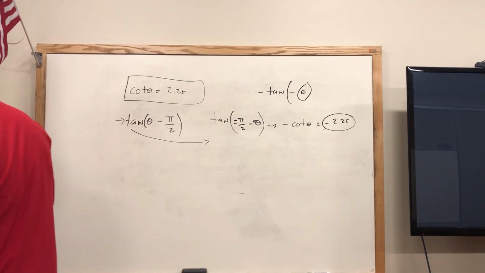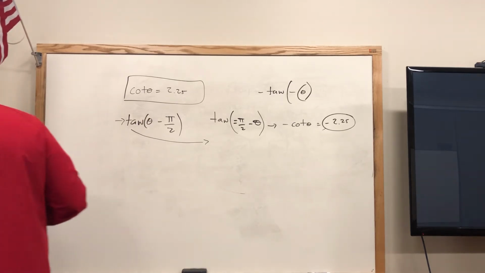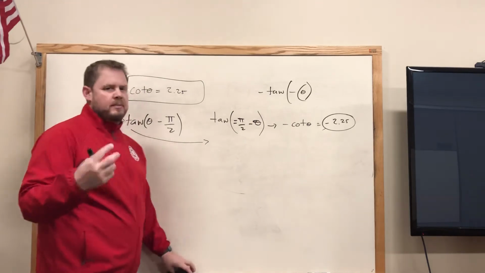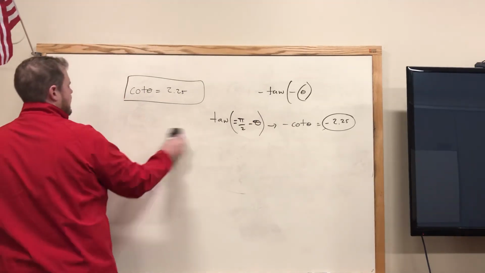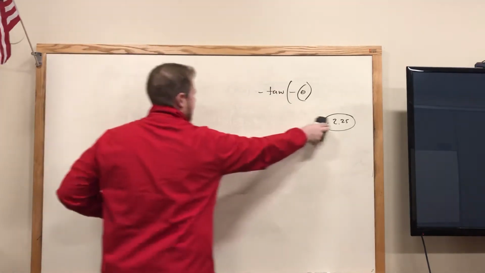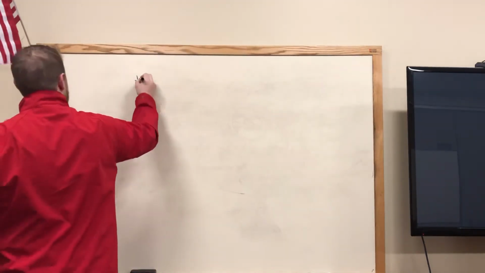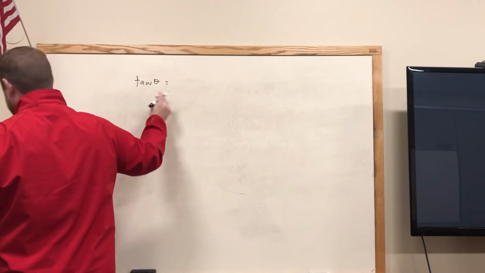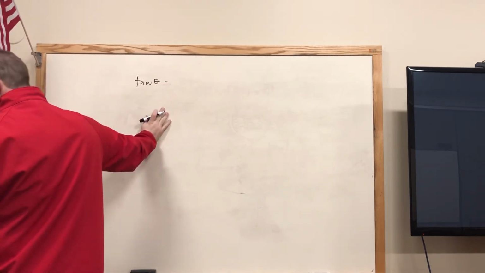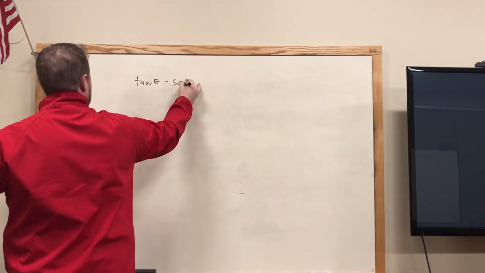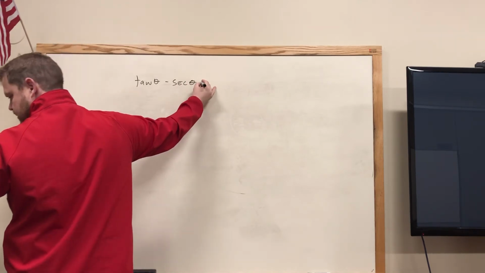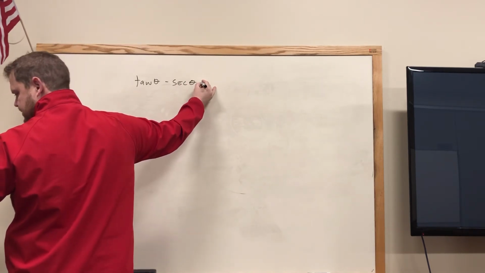The next part of the lesson is where it gets a little more difficult, and you're going to have to start learning some of these processes. I'm going to teach one of the lessons, do one of the problems, then we'll take some time to do some later. Here's one: tangent theta minus secant theta cosecant theta.